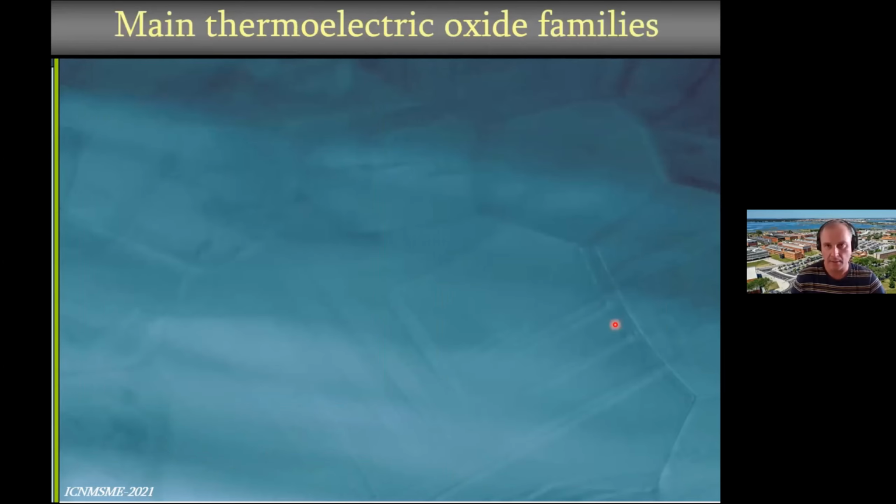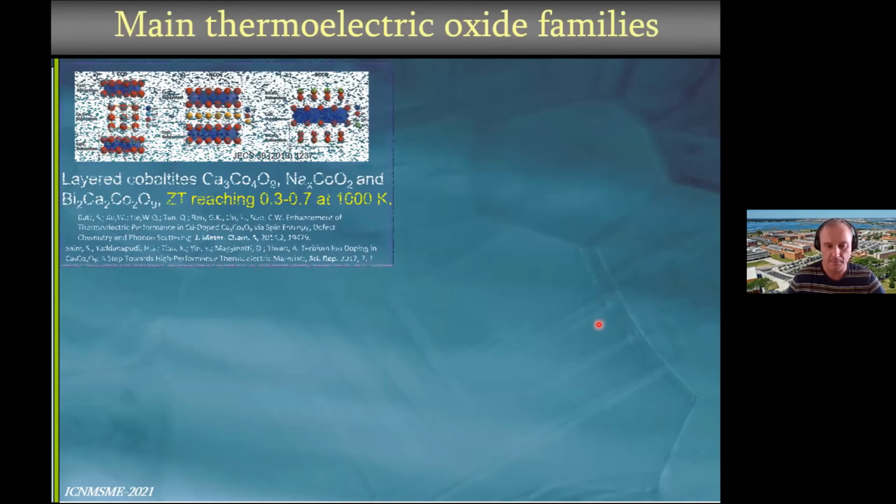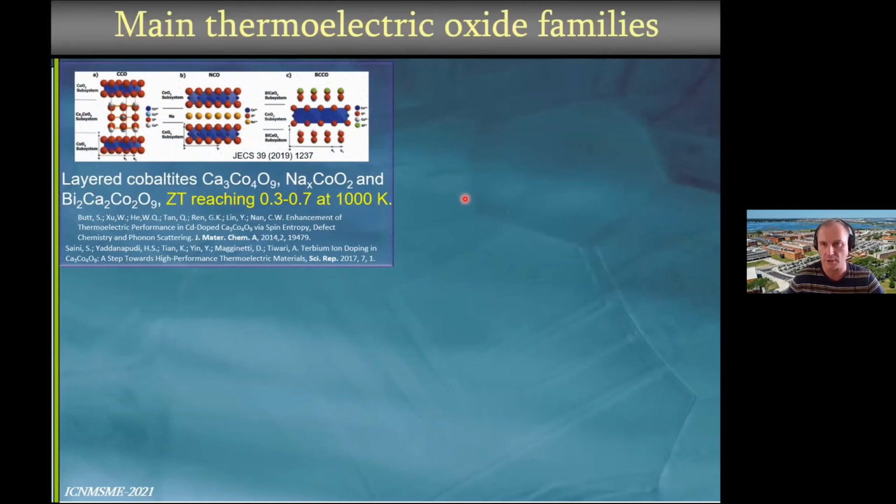Here I put some main families of thermoelectric oxides. Actually, a lot of materials were already explored in this sense. Here I put probably the best known, best performing layered cobaltites, reaching quite attractive ZT values, and also these materials probably represent right now the only feasible option for the p-type oxide thermoelectric legs.